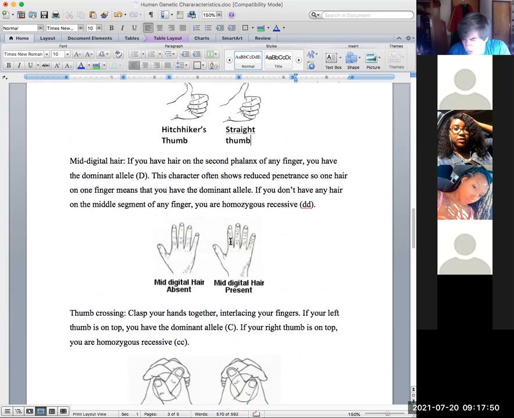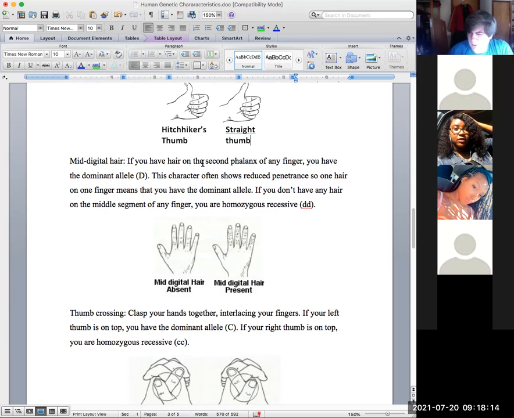Now, the next characteristic is whether you have mid-digital hair. For mid-digital hair, you want to take one of your fingers, and you don't want to look at the part of the finger that's closest to your palm. And you don't want to look at the part of the finger that the nail is on. If you think about bending your finger, you want to look at the middle joint.